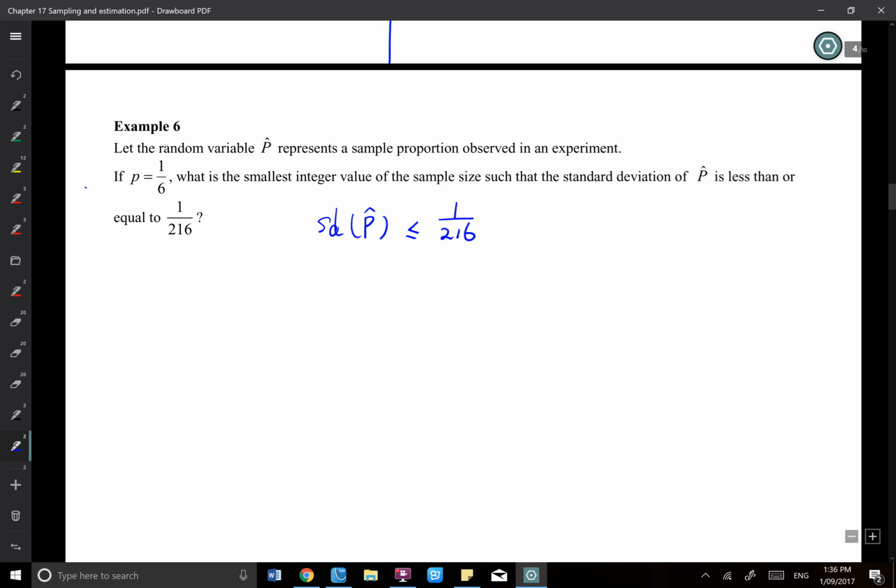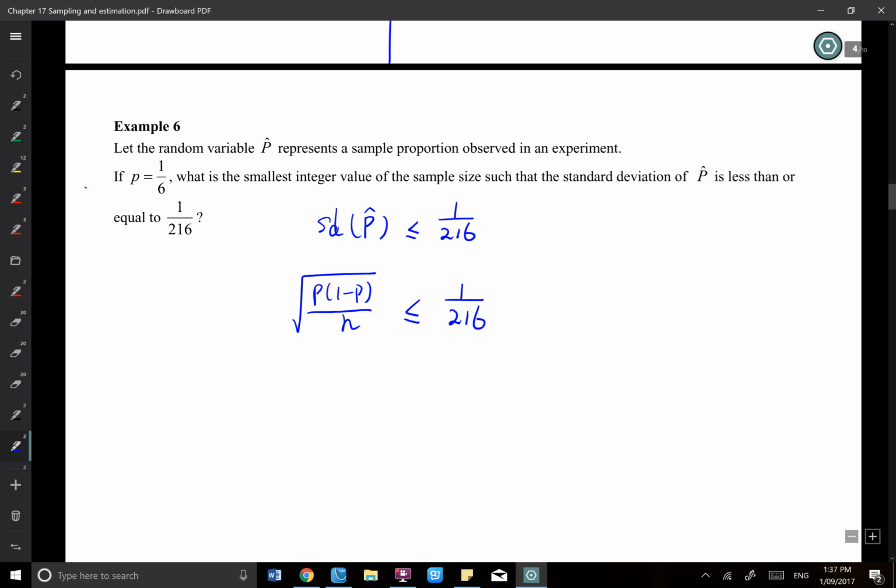Okay, what's the standard deviation of p hat? Square root of, what is the formula? Variance of p, p times 1 minus p over n.